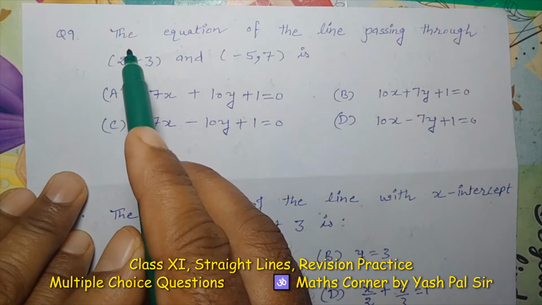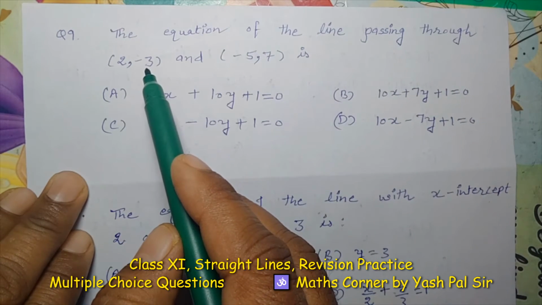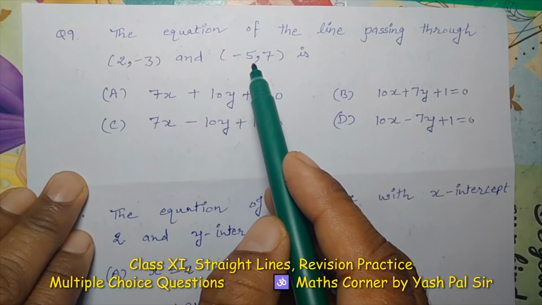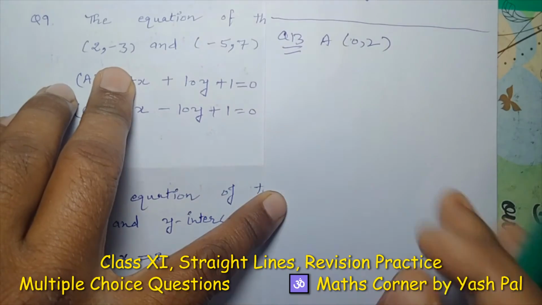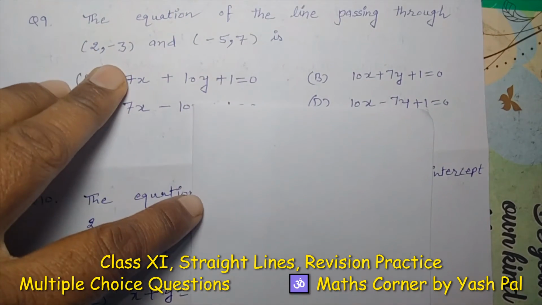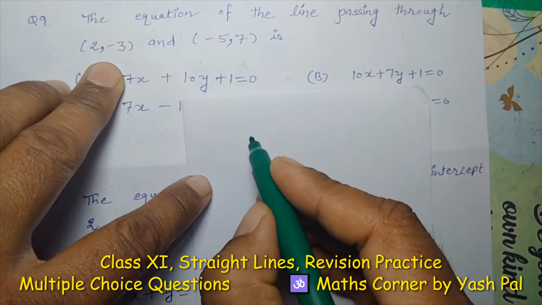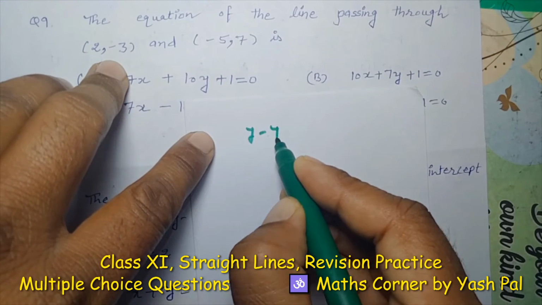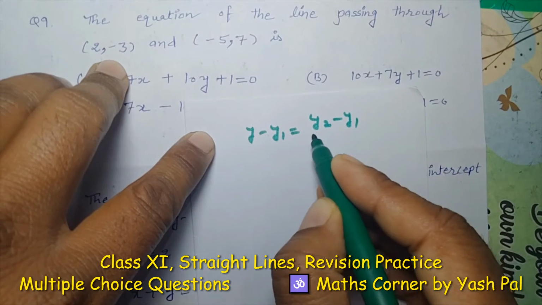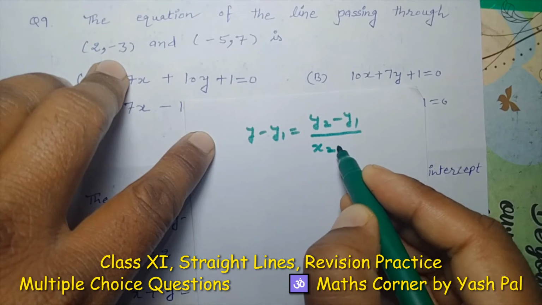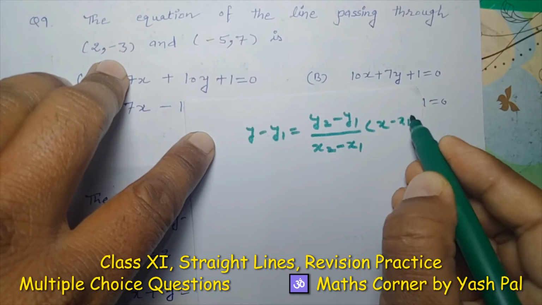Now question number 9. The equation of the line passing through 2 comma minus 3 and minus 5 comma 7 is. Any line which passes through 2, minus 3 and minus 5, 7 is y minus y1 is equal to y2 minus y1 upon x2 minus x1 into x minus x1.